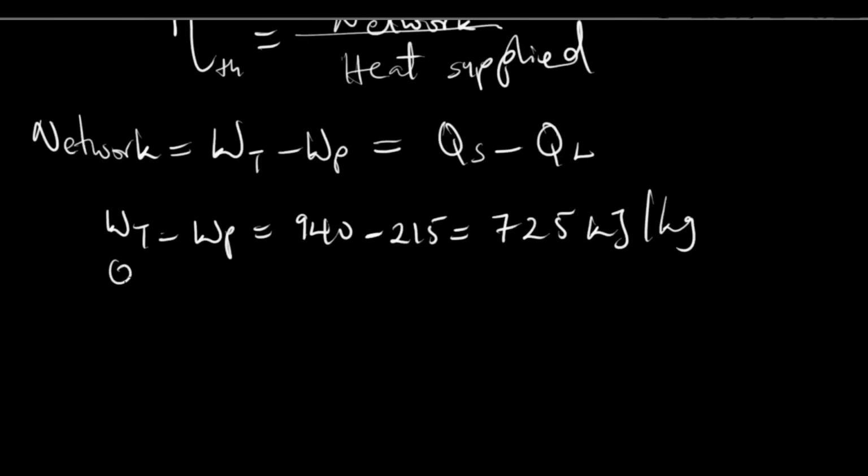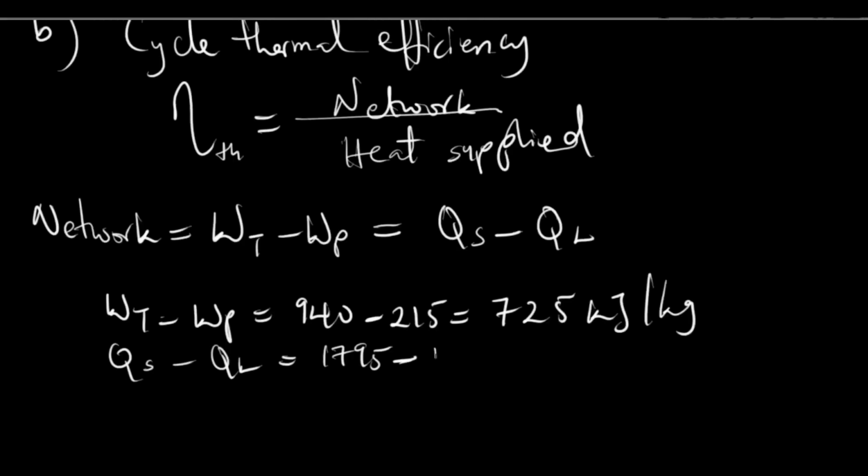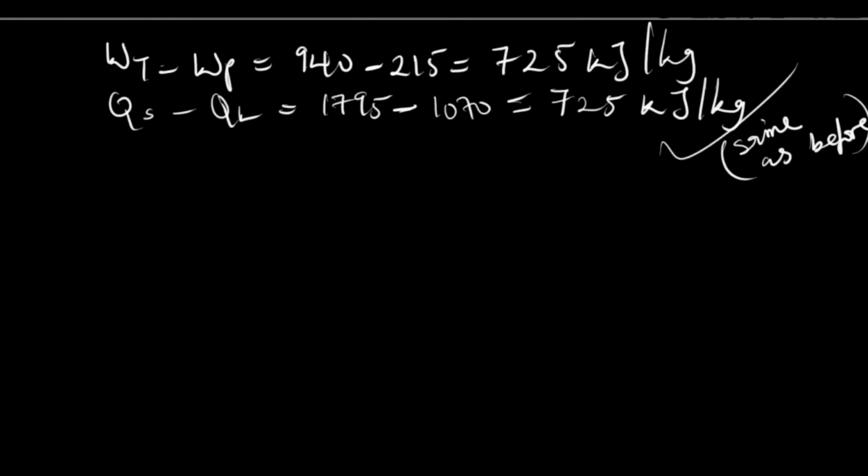So let's check for the heat supplied minus heat loss. Heat supplied gave us 1795 minus the heat loss, which is 1070. That also gave us 725 kilojoule per kilogram. So same as before. So we are right, process is right, answers confirmed.